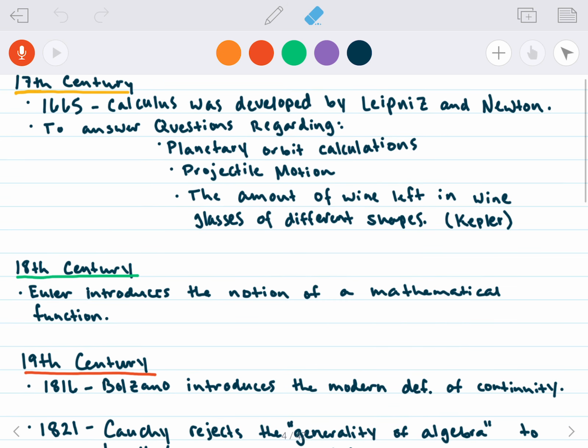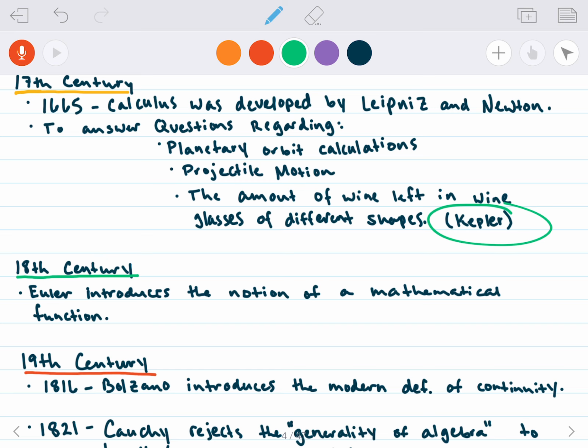The reason calculus was being studied at this time was to answer questions about physical phenomena, in particular planetary motion, projectile motion, and actually, funny enough, Kepler, astronomer and mathematician, was wondering about calculating the amount of wine left in his wine glasses of different shapes.